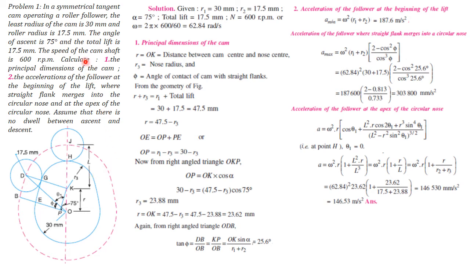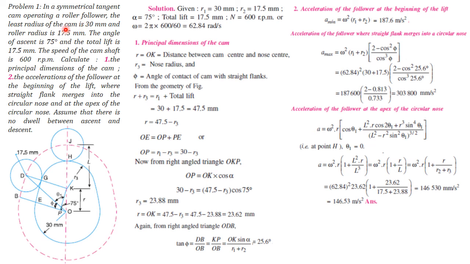So in this problem it is given that a symmetrical tangent cam is operating a roller follower, the least radius of cam is 30 mm and roller radius is 17.5 mm.